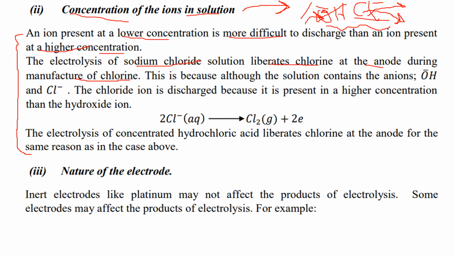This is because although the solution contains the anions of the hydroxide together with the chloride ions, the chloride ions are going to be discharged in preference to the hydroxide ion because the chloride ions are present in a very high concentration compared to the hydroxide ions, and therefore less energy is going to be required to discharge the chloride ions as compared to the energy that is required to discharge the hydroxide ions.